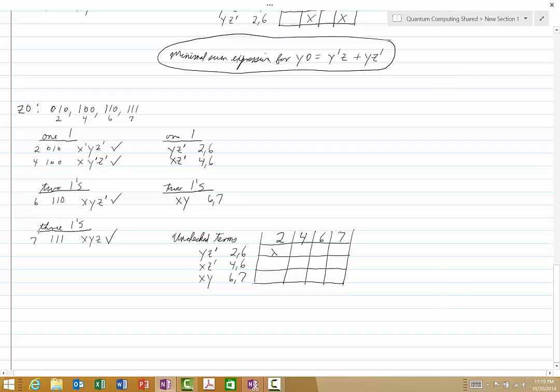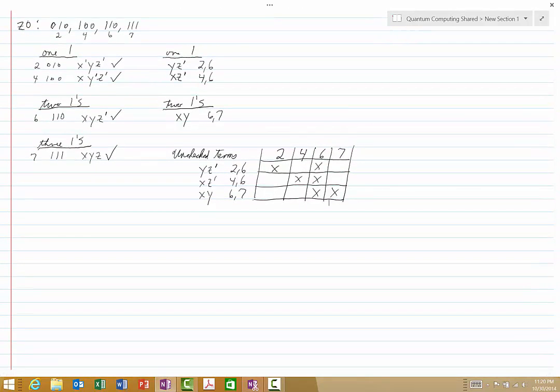So the check marks fall in this fashion. And you can see, because this x in column 2 is by itself, the yz prime term is necessary. Because the x in column 4 is by itself, xz prime is necessary. And because the x in column 7 is by itself, the xy term is necessary.